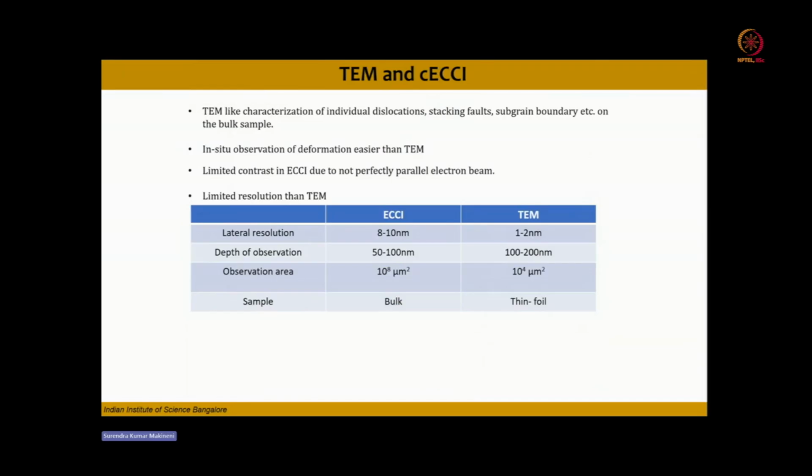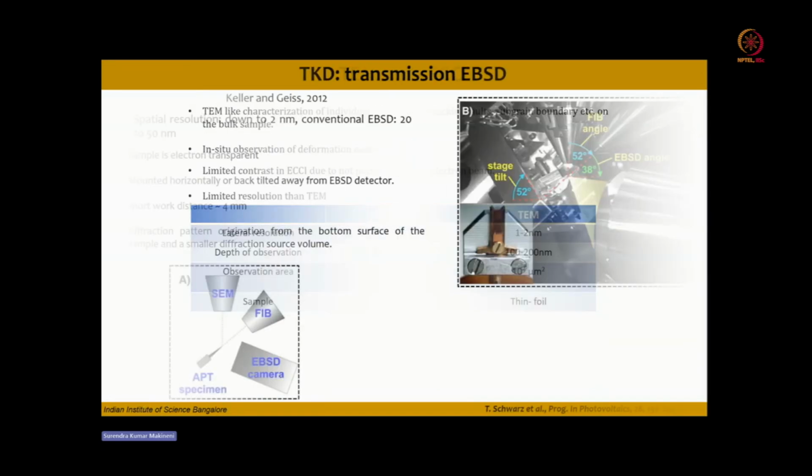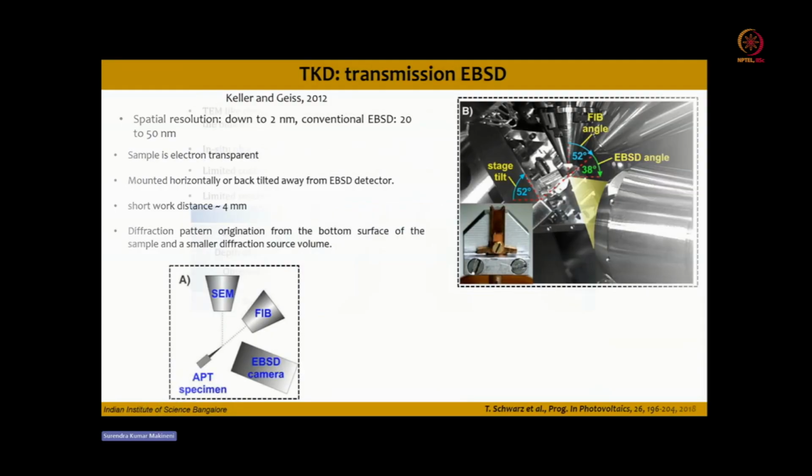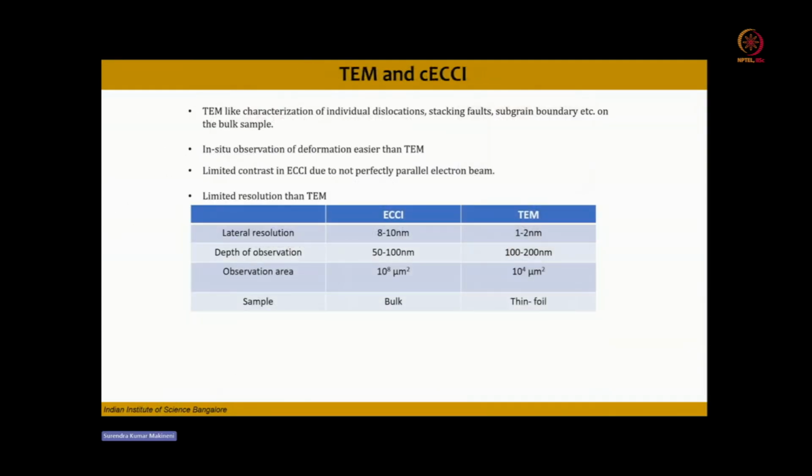Now, ECCI is very useful. You can map, or quantify, the defects in a bulk sample. As compared to that, TEM gives very localized information, correct? For ECCI, the lateral resolution is usually around 8 to 10 nanometers. For TEM, it is 1 to 2 nanometers.